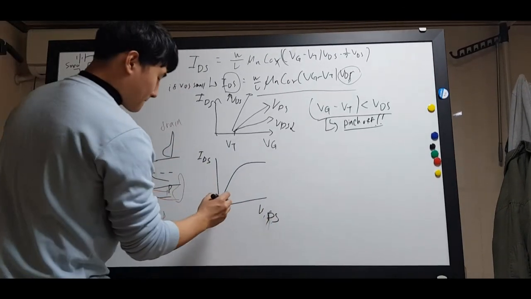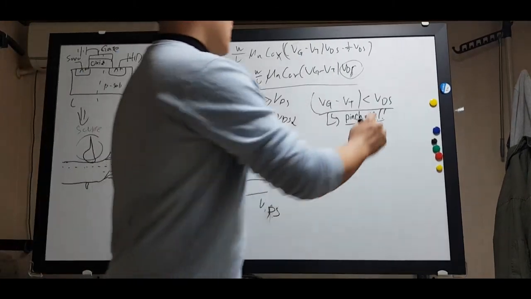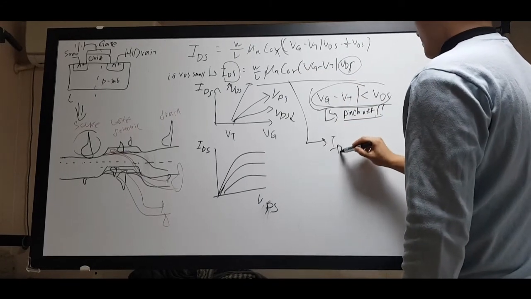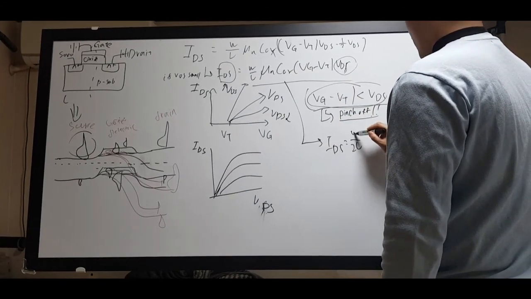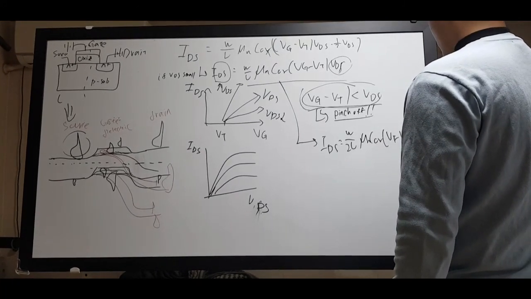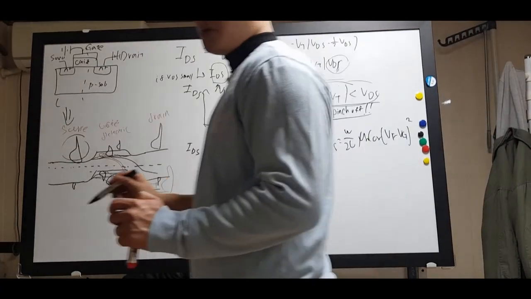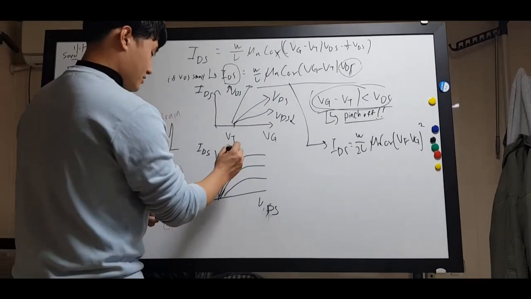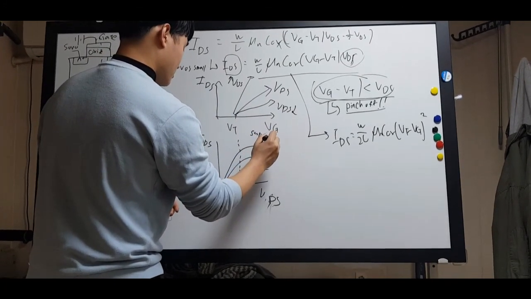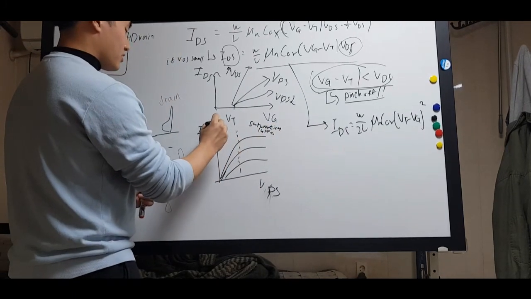So see, in this situation, the equation will move like this. So here will be the saturation current, and here will be the triode region.